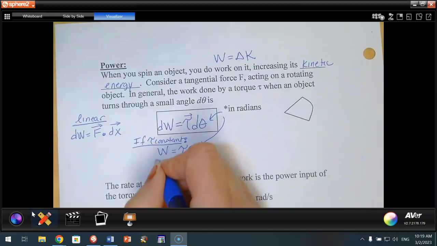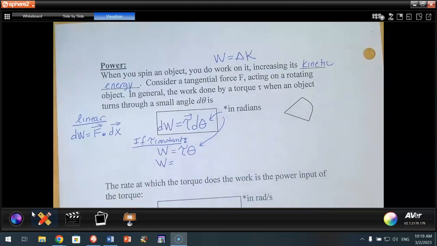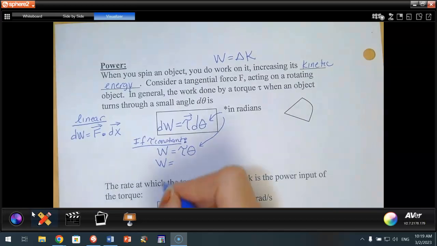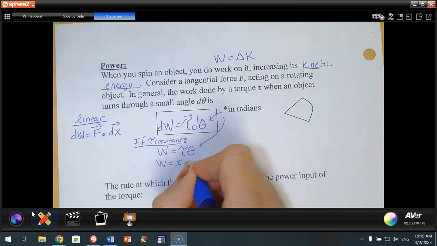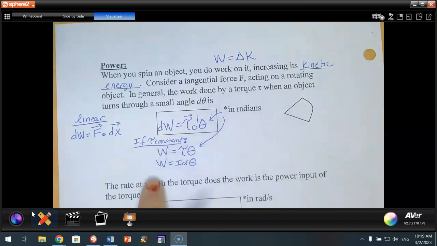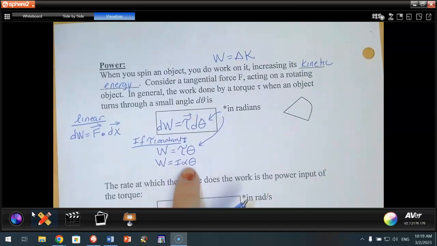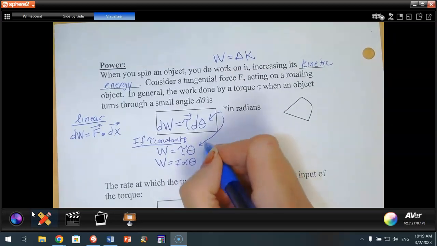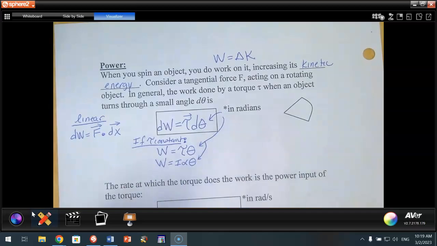Another way that you could do this, if torque is constant, is that we have two formulas for torque. One of them is I alpha. So another way you could calculate the work done is if you know the shape of your object, you know its angular acceleration, and you know how many radians it goes through, then you could find the torque this way, or the work this way.